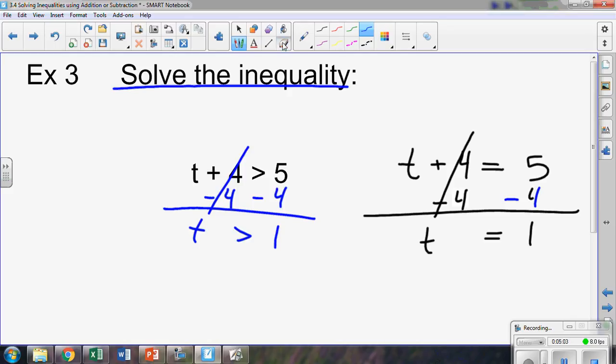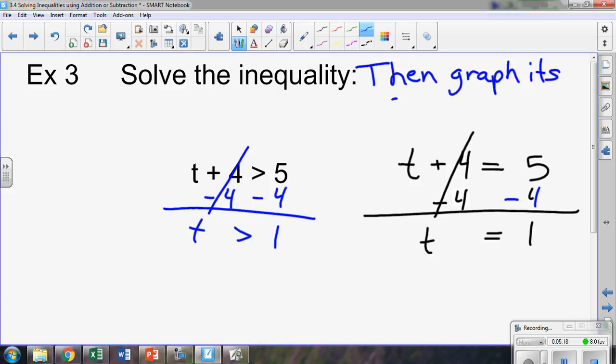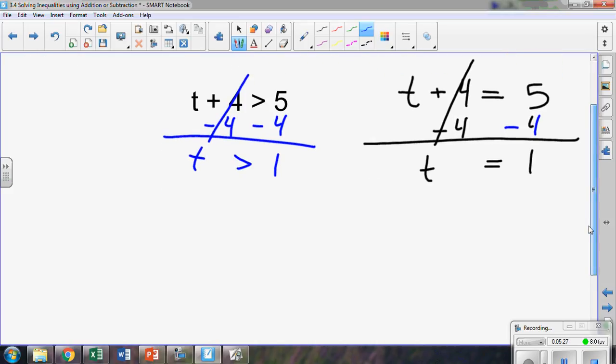But you will frequently encounter directions that will say solve the inequality, and then the directions tell you to go further and say something like, then graph its solutions. When you pay attention to the directions and they tell you to graph the solutions, you absolutely have to graph the solutions. We would have to then create a number line, and because we've got the number 1 in there, let's say negative 1, 0, 1, 2, 3.